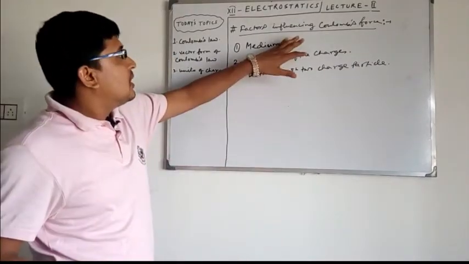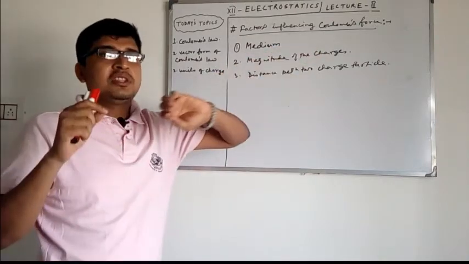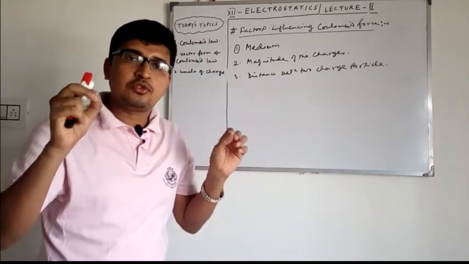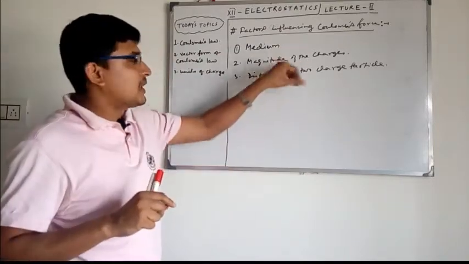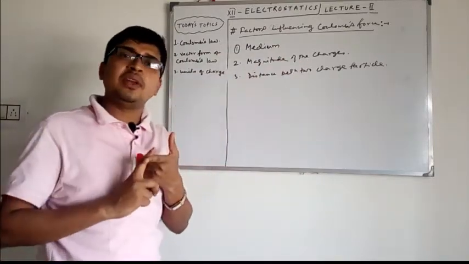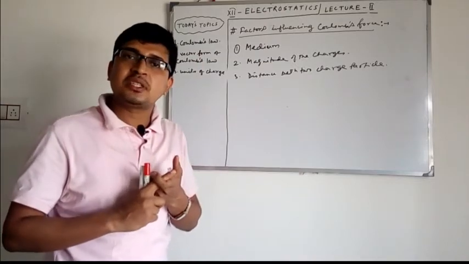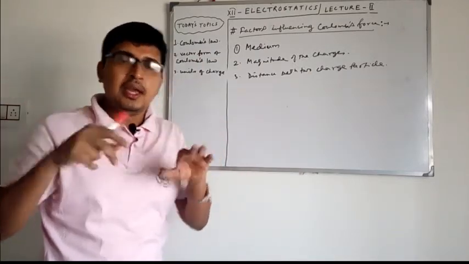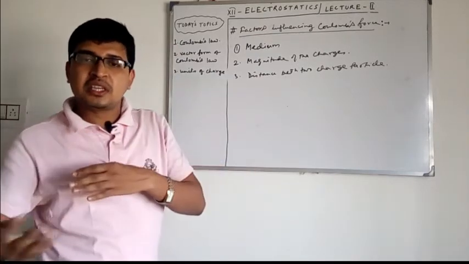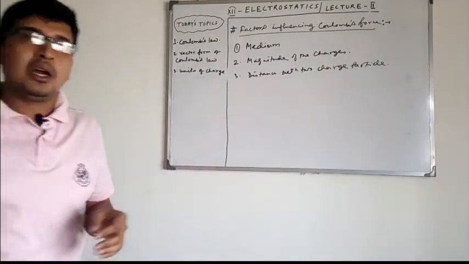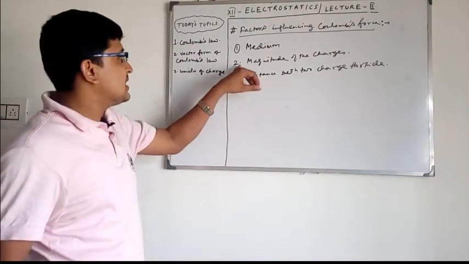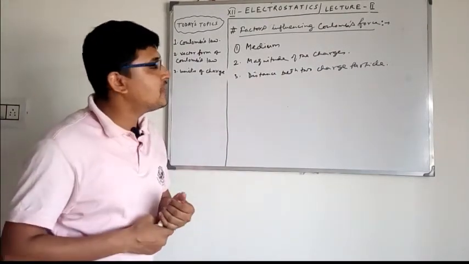That means the force between two charged particles depends on these factors. The first is the medium. If we change the medium, keeping the same charged particles at the same distance, then due to the change in the medium the force between the two charged particles also changes. The second point is the magnitude of the charges.